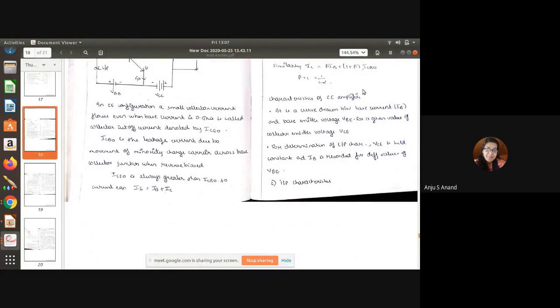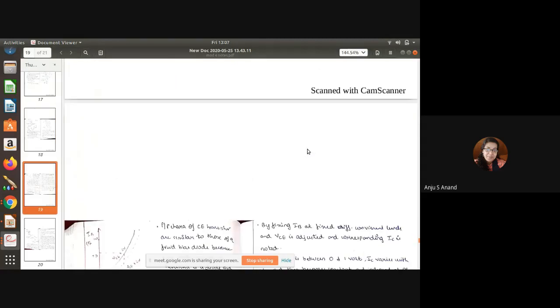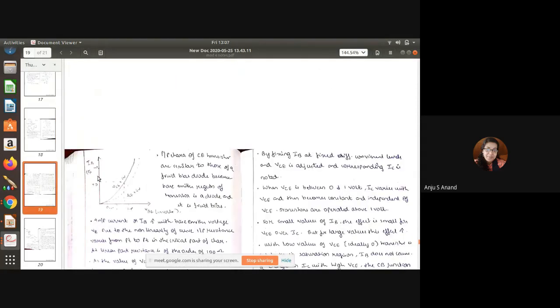This is the characteristics of a common emitter amplifier, NPN type, which we have explained here. The different input characteristics we have drawn in this graph. Input characteristics is a graph drawn between base-emitter voltage and input current, base current.